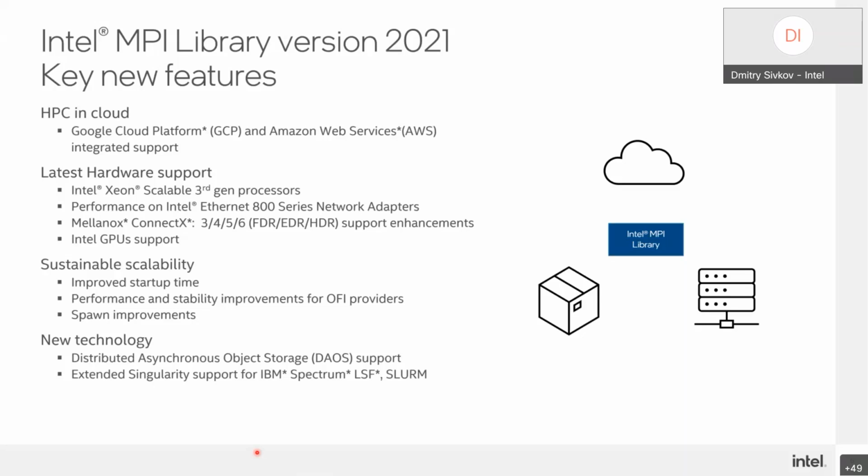We are focused on scalability, improved startup time, and stability and performance for interconnect providers, and we have spawn improvements. We had some reports about spawn issues on Windows, so it's finally fixed with a workaround, and we plan to turn this workaround into a complete solution.